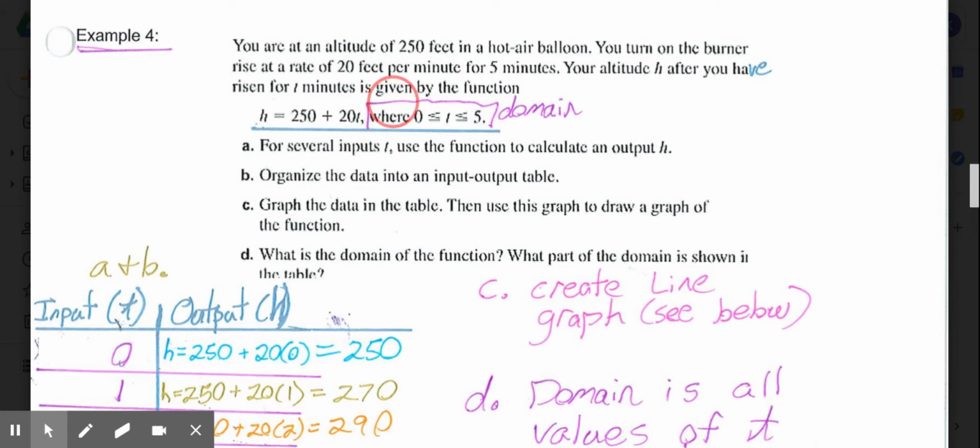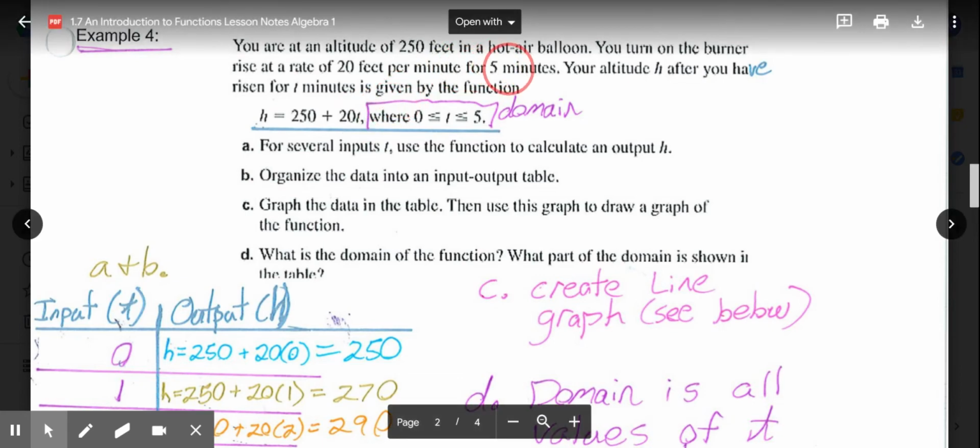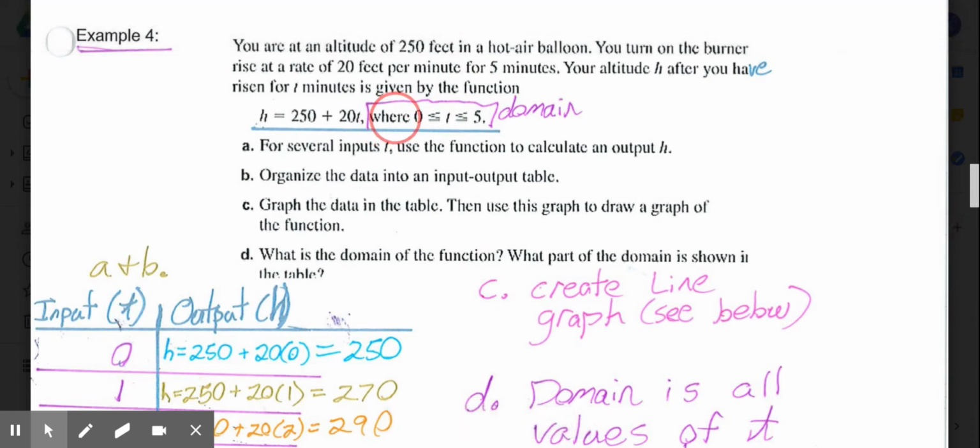But we know it only happens for up to 5 minutes. So that's where this limit to the domain comes, where t is greater than or equal to 0 and less than or equal to 5. So where our time in minutes is less than or equal to 5 and greater than or equal to 0.